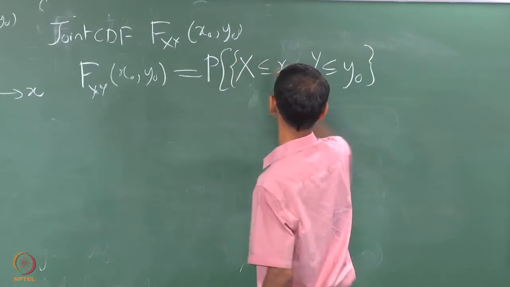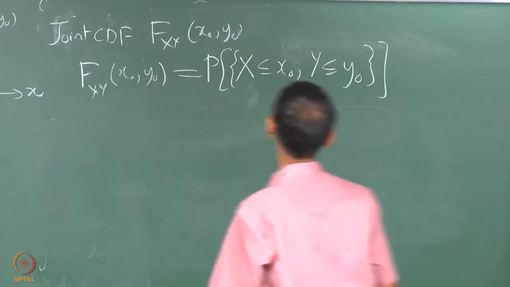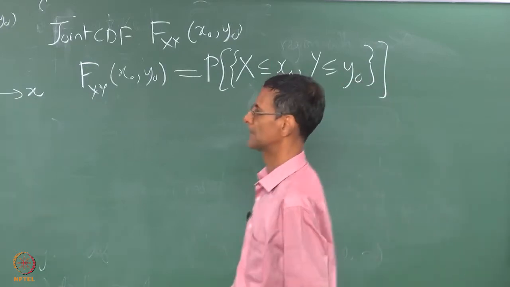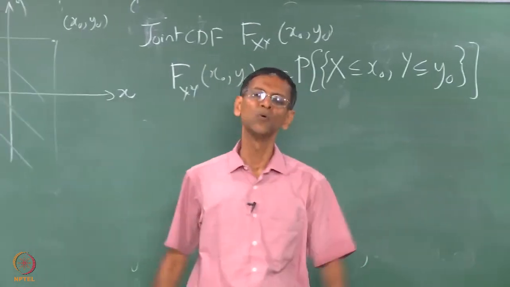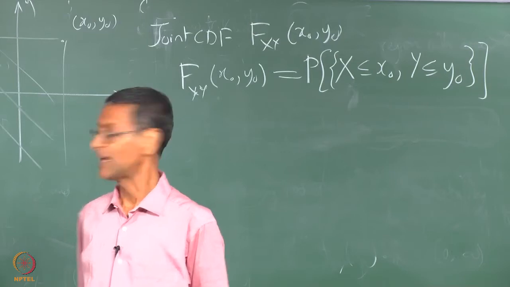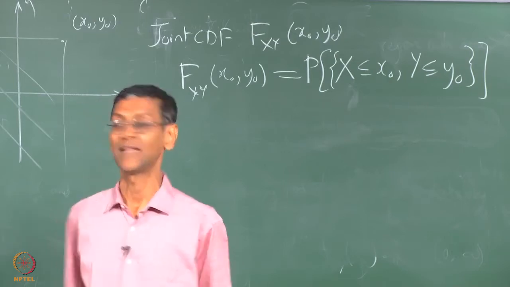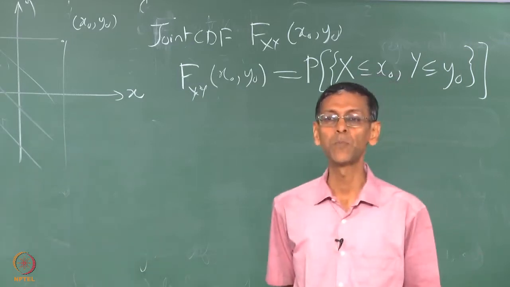We should put the braces here for consistency. So somehow, magically, that region is supposed to be assigned a probability, and that too for all x naught, y naught in R squared, not just for some points.